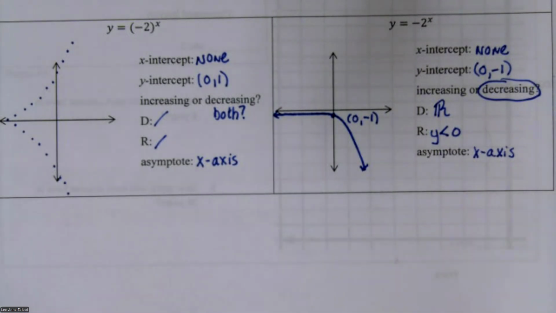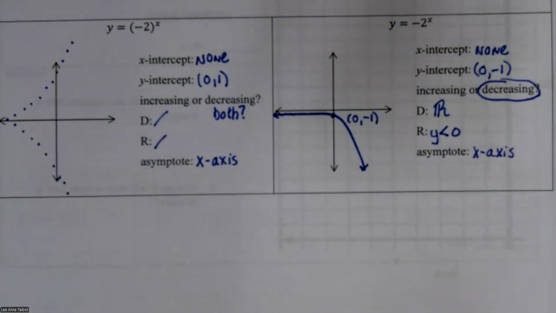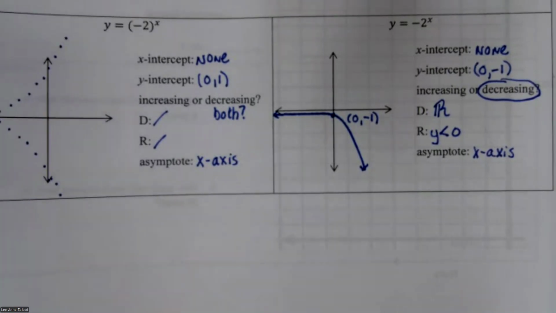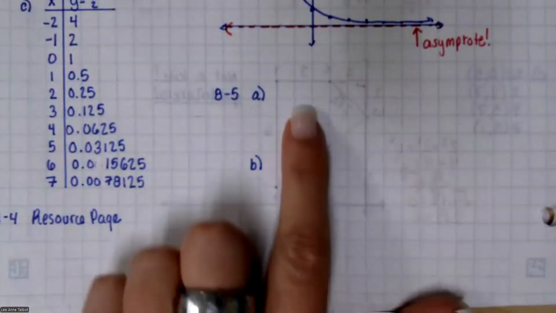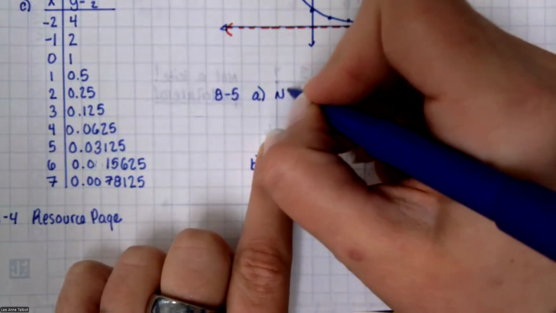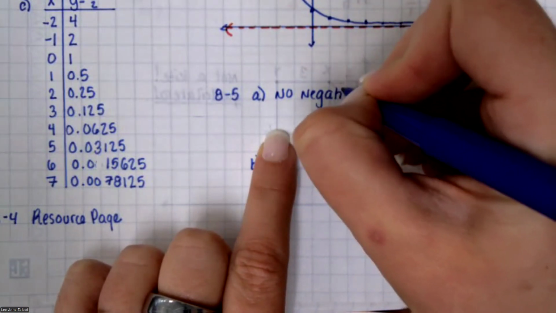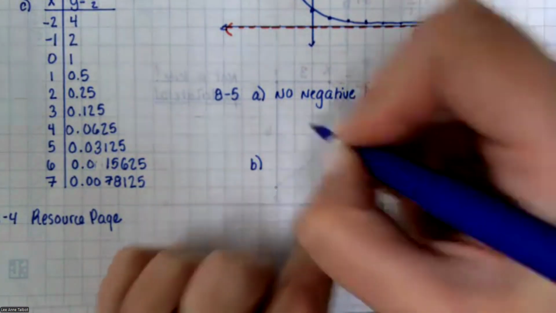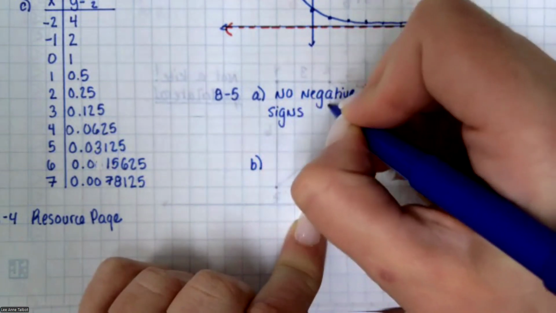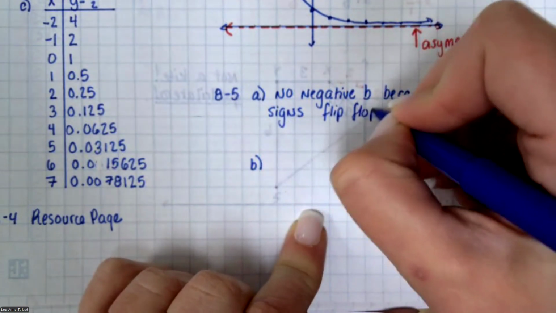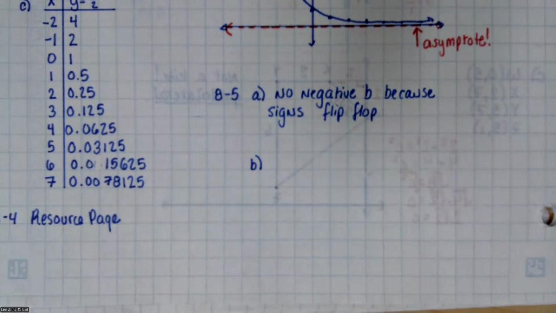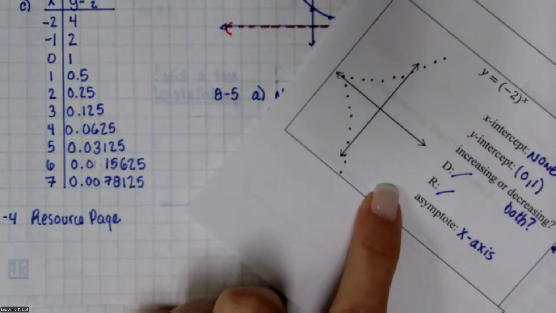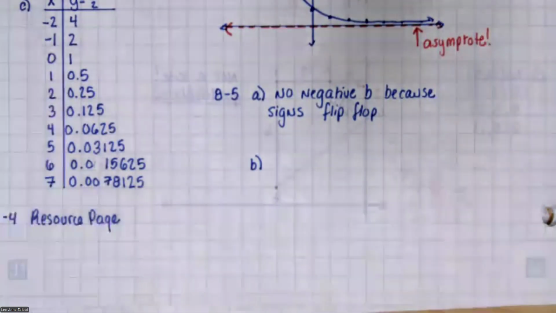Okay, go back to your notebook. We just need to fill in the stuff that we're going to give a hard no. Okay, in math 1. We are not going to study any negative number for b because the signs flip-flop and make this weird dotted thing. We're going to give that a hard pass.